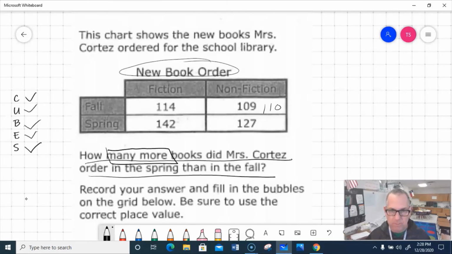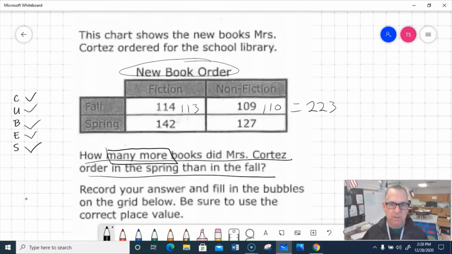And then if I took 1 from my 114, that'd make it 113. So basically I took 1 from the fiction and added it to the nonfiction to make it an easier math problem to solve. And that'd be easy to solve because 113 plus 110 would be 223. So she ordered 223 books in the fall.